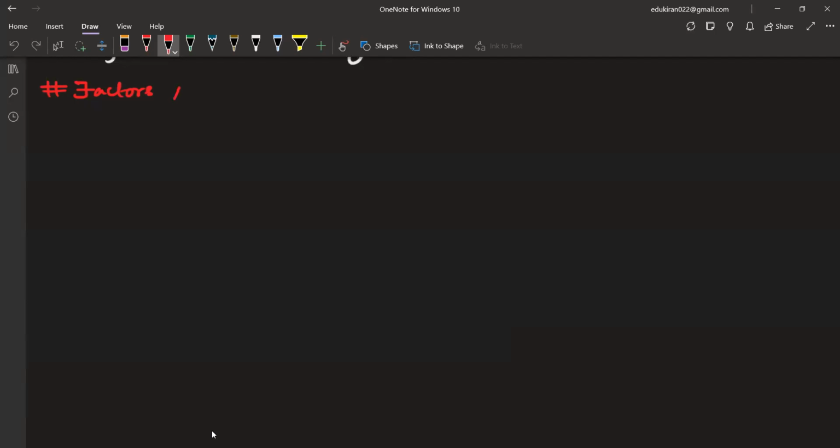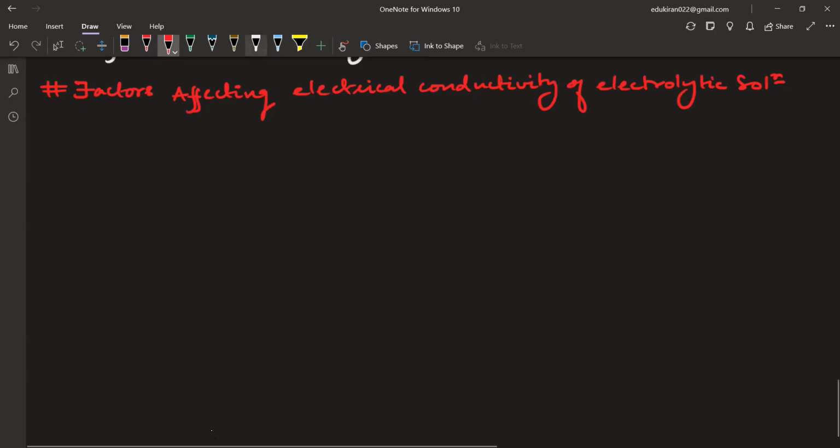Factors affecting electrical conductivity of electrolytic solution. There are a number of factors that affect it.